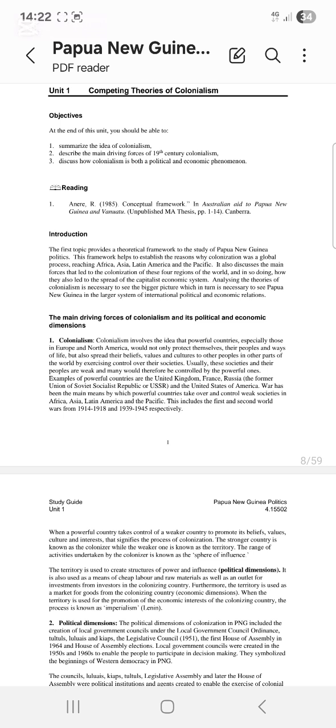So the justification here is that colonialism was supposed to spread the beliefs, values, and culture of the developed world onto the underdeveloped world. That is basically what this paragraph is trying to say.